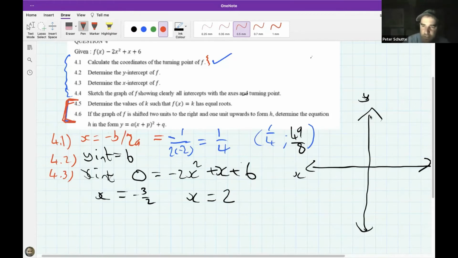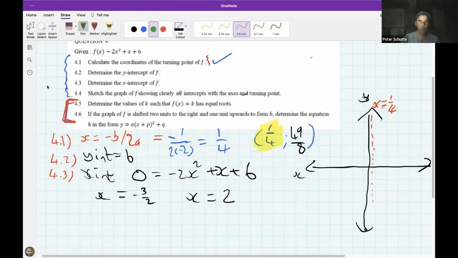And since the axis of symmetry is actually just going to be x is a quarter, and then I need to put my dots on the Cartesian plane in the right places. So I'll give you a bit more time for that. So draw your Cartesian plane, put in your axis of symmetry, which is this number. Remember, we can take the axis of symmetry from the turning point. It'll always be the x value in the turning point.